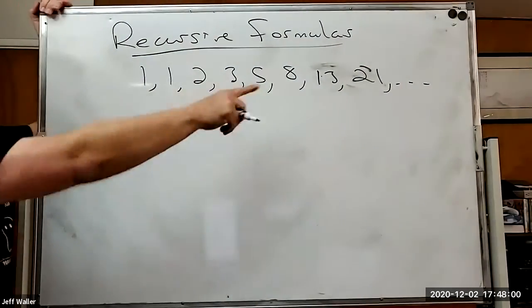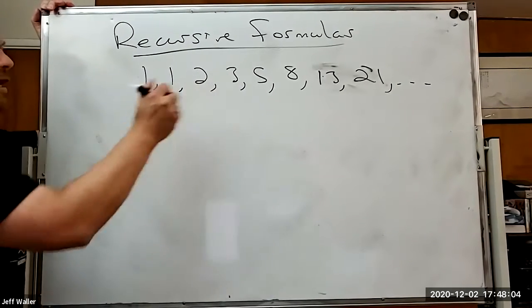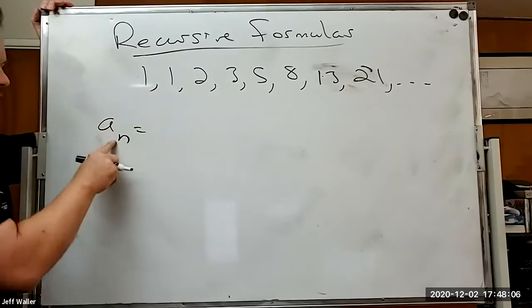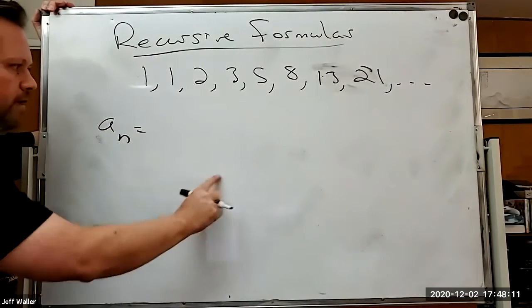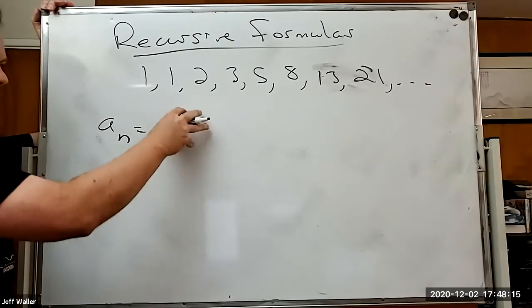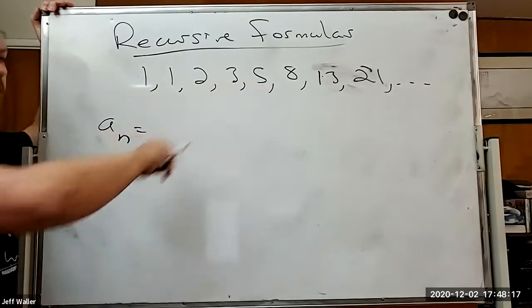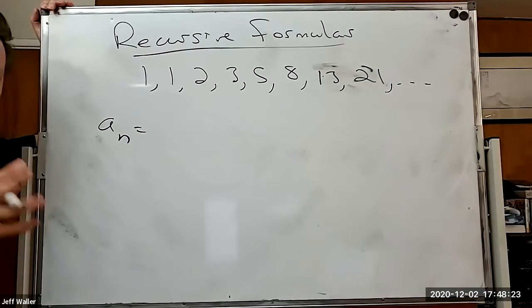Right, we talked about the Fibonacci sequence last time. If I ask you to create a definition for this sequence, can you come up with some kind of formula way to write it so that I can get all the terms? That would be really evil for me to do because it's not really possible.